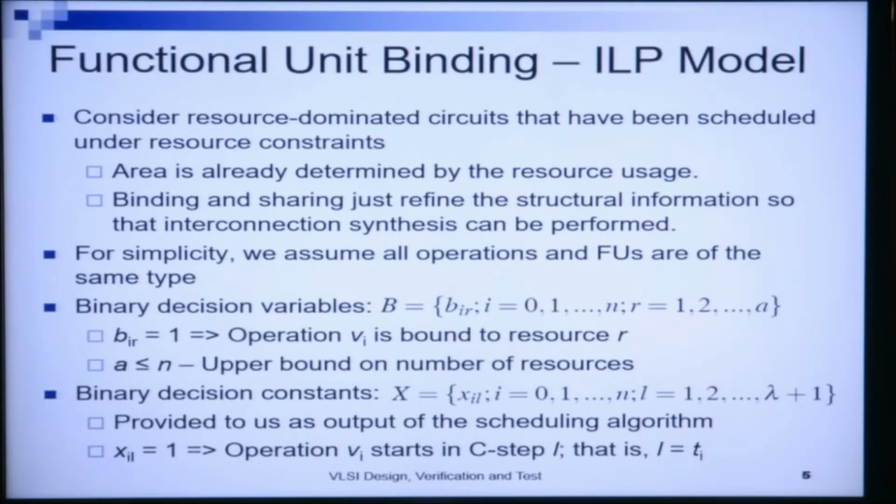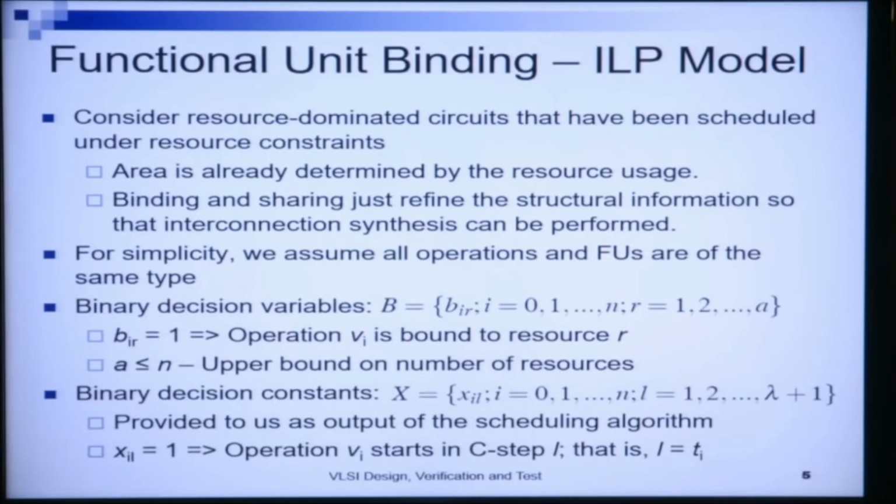Now, because we have already conducted scheduling, the decision variables that I had for scheduling have now become decision constants. These x's have now become decision constants. What do these x's tell me? These xil give me the start times of operations. When xil equals 1, it means that operation Vi starts at C step L, and that step L is given by Ti, right.